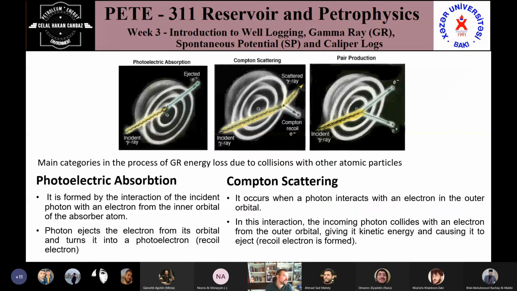Here I would like to mention a little bit about photoelectric absorption and Compton scattering. Actually, these happen in the process of these gamma ray readings.